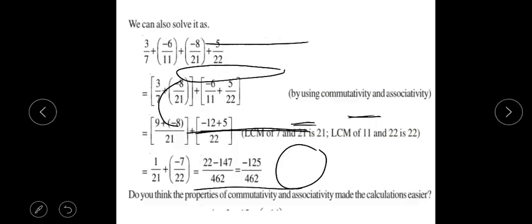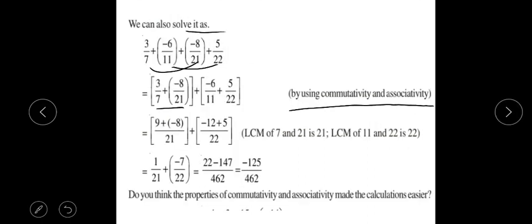So instead of this, we know that the LCM of 7 and 21 is 21, and for 11 and 22 the LCM would be 22. So we have associated these 2 numbers and these 2 numbers, and paired them like this. Now it is easy to take the LCM and solve the question.